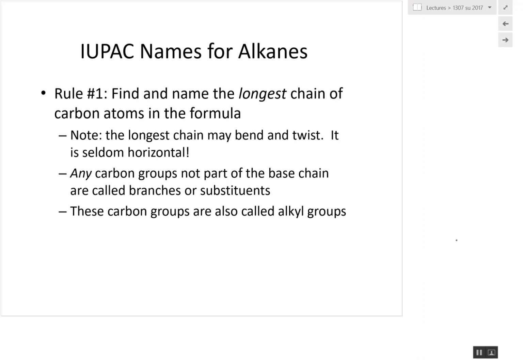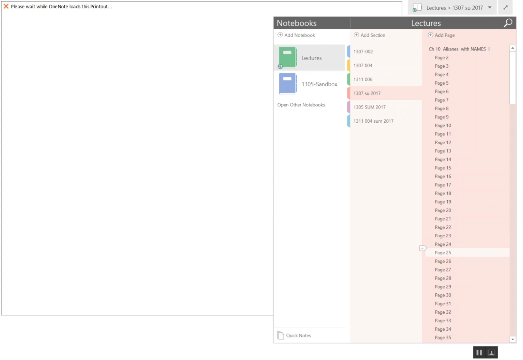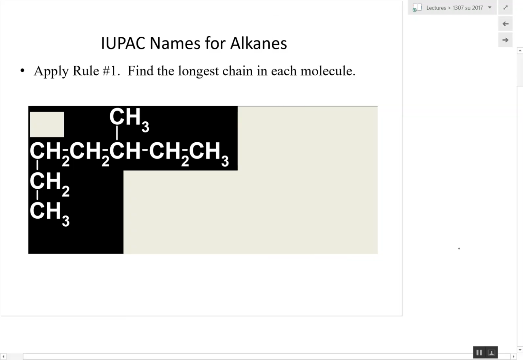So I'm going to bring up some examples of molecules, and we're going to apply rule number 1. For that molecule right there, what is the longest continuous chain of carbons?